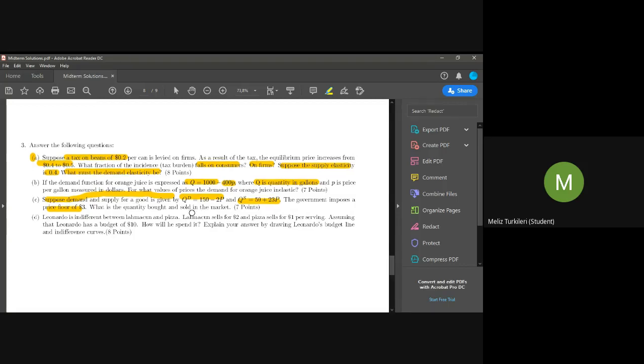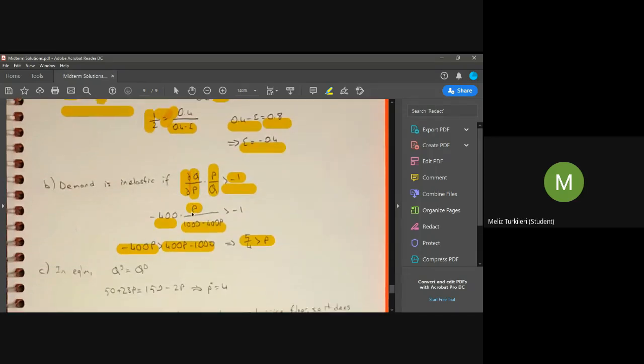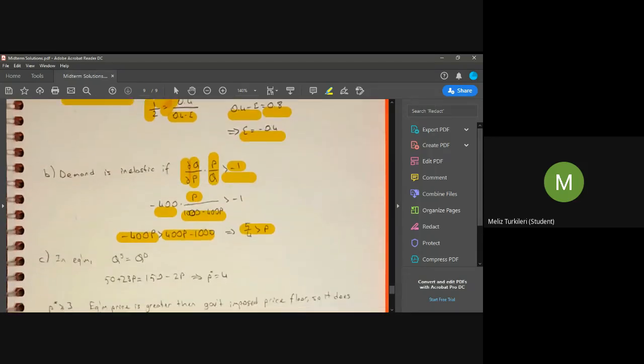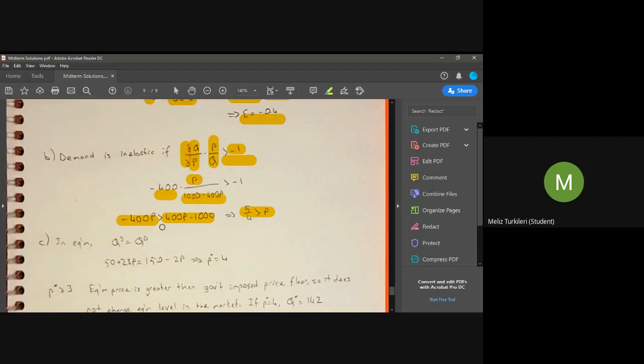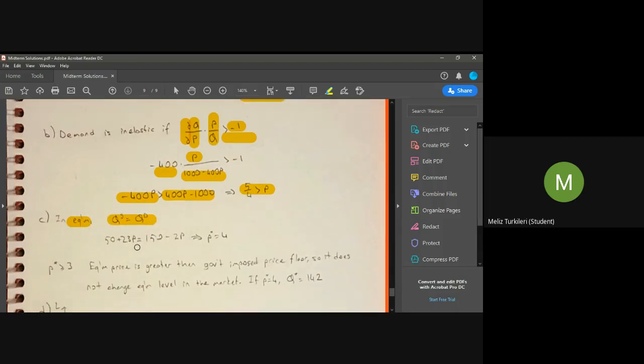Okay, what we need to do, you know very well these kinds of questions from the recitations. We know that in the equilibrium, quantity of supply should be equal to quantity of demand. Okay, 50 plus 23p is our quantity of supply, and 150 minus 2p is our quantity of demand.